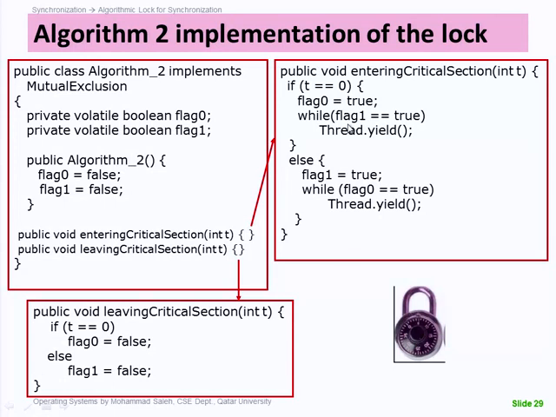I won't block. Why? Because whoever enters the critical section, once leaving, what would it do? Set its flag to false. And that will change what? The condition in the while loop.